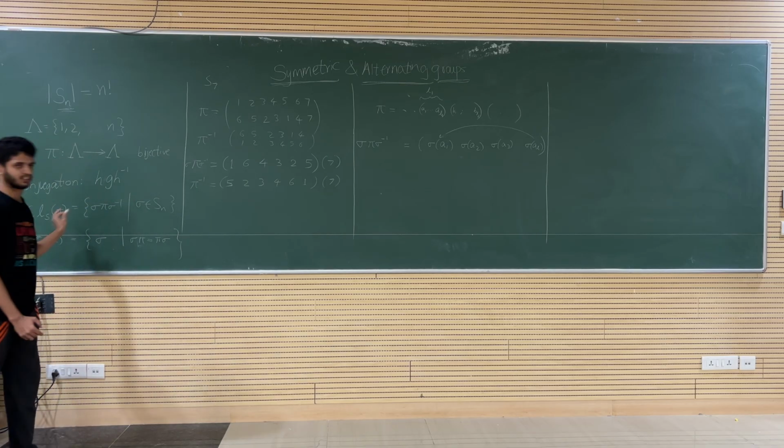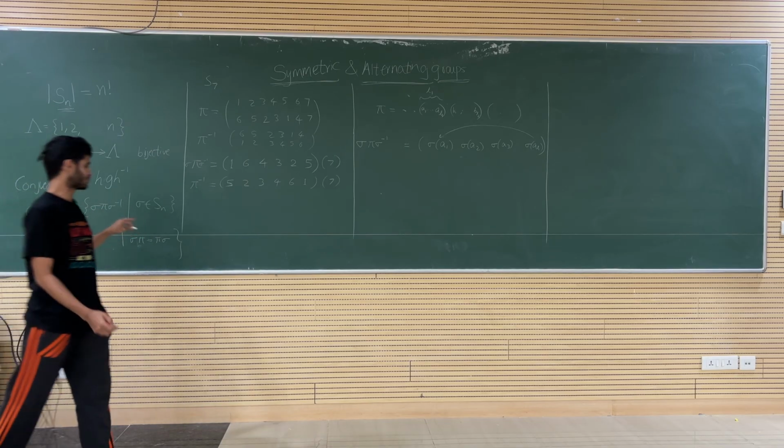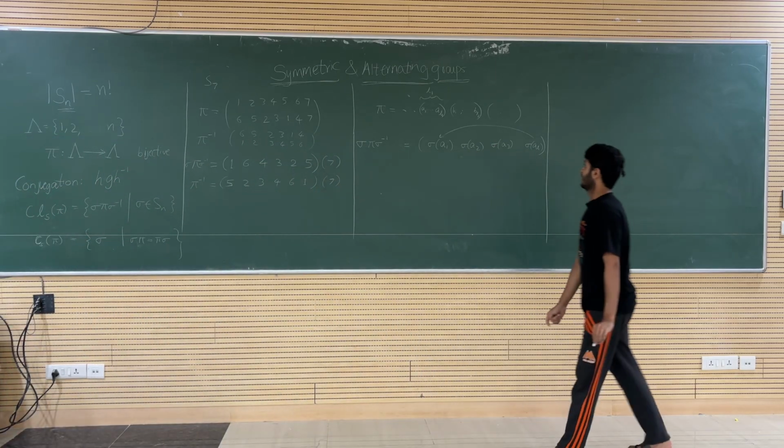So this is called the centralizer. Conjugacy class is not a subgroup, you need to know that. Centralizer is a subgroup. You can easily show that the identity is there. If you have two elements which are commuting, then the product will also commute. So easily you can show that it's a subgroup. These two we will be using.